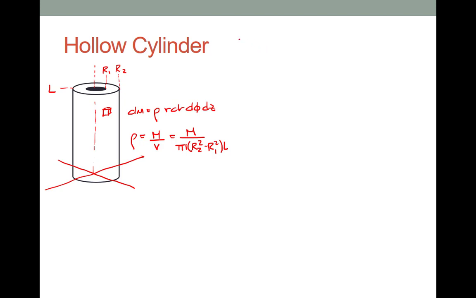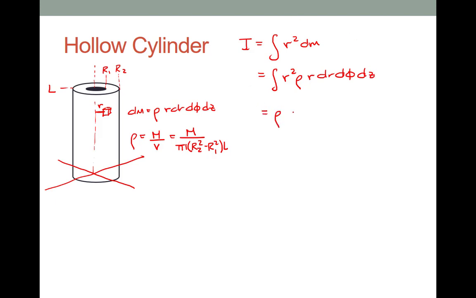We're now in a position where we can calculate the moment of inertia, the integral of r squared dm. r is the distance from the axis to our little chunk of mass. So plugging in, that's the integral of r squared rho times r dr d phi dz.